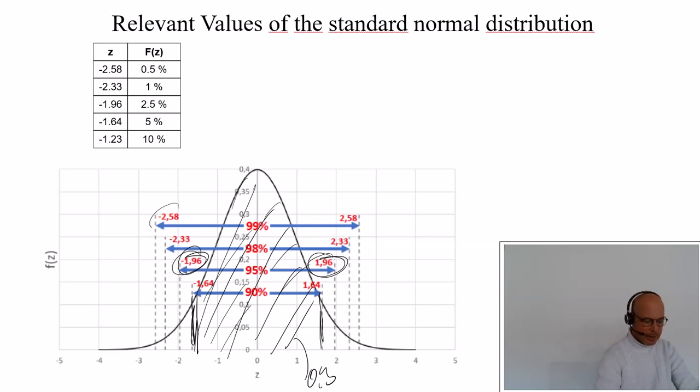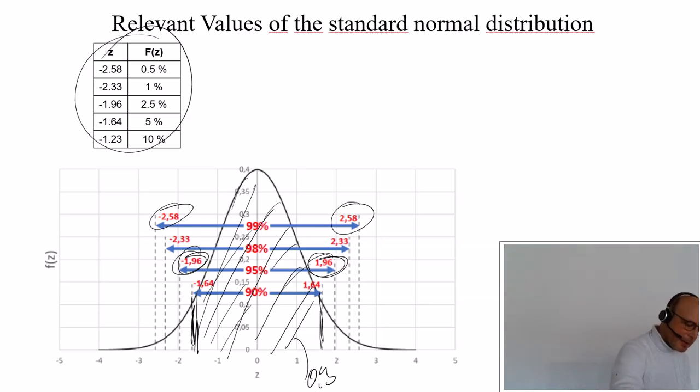And this is maybe the second most used, 99% reliability. Then the limits are 2.58. These numbers we will see very often later in this lecture, so please keep this table in mind.